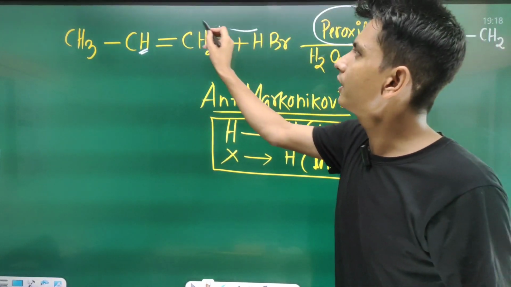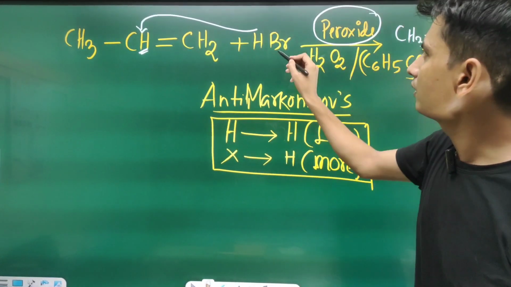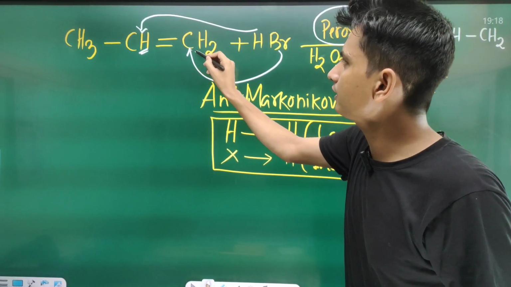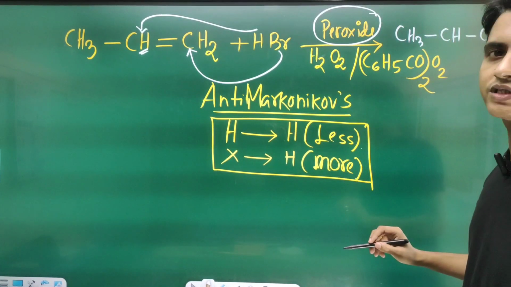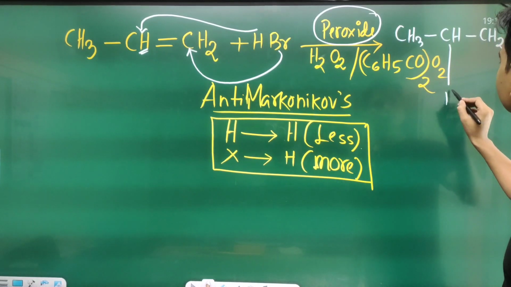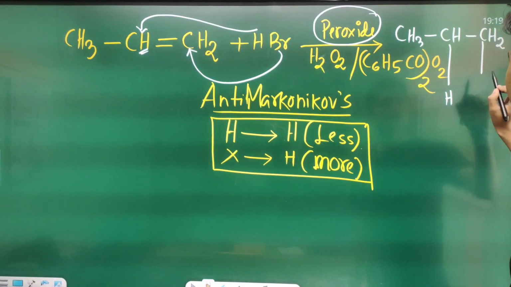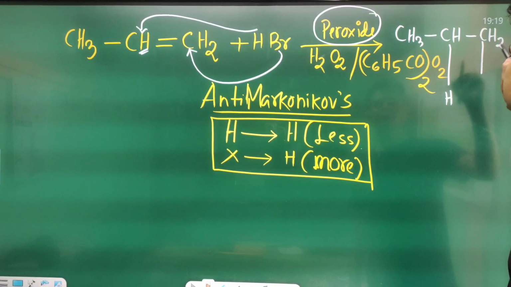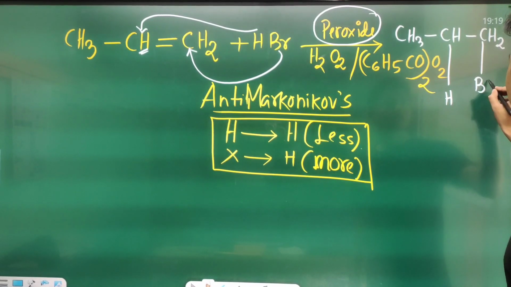This reaction is actually done like this. Halogen is attached with that carbon atom where number of hydrogen atom is more. We will get in this position hydrogen is added, or in this carbon atom Br is added.